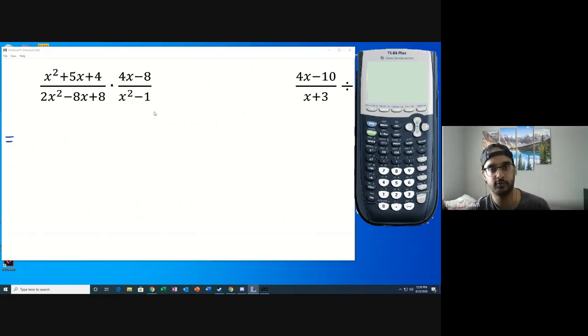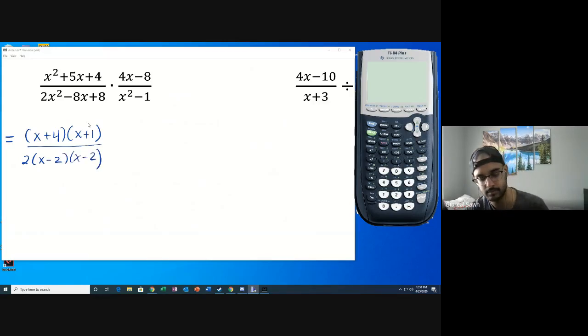Okay, so the first numerator is going to get factored into x plus 4 and x plus 1. Bottom one, if you factor out a greatest common factor of 2 first and then use your sum and product rule, it gets factored into x minus 2, x minus 2.